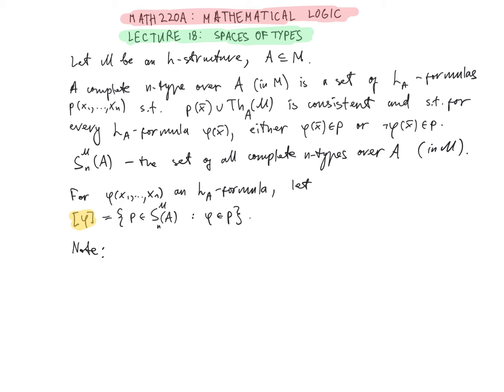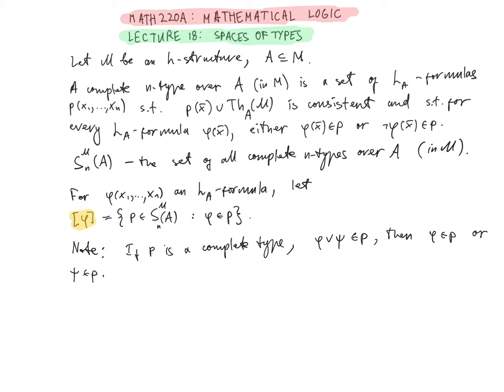Note that if p is a complete type and the formula phi disjunction psi is in p for some formulas phi and psi, then phi is in p or psi is in p.